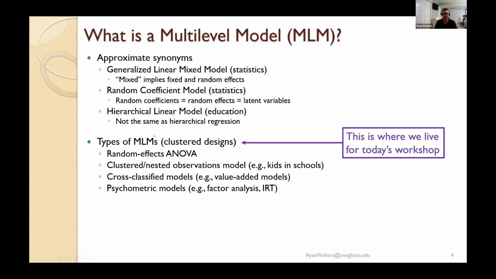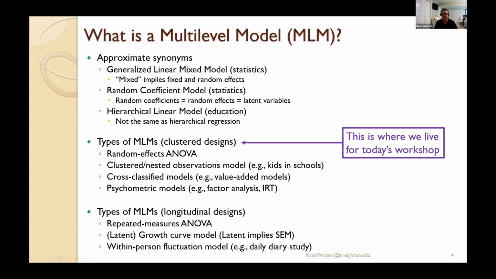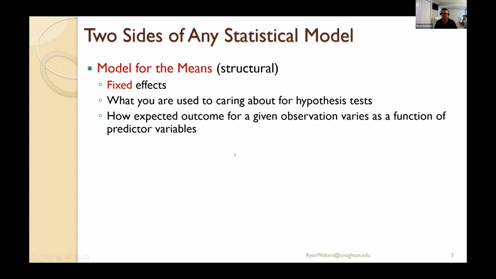There's really two different types of multi-level models. There's cluster designs and longitudinal designs. We're going to be talking about clustered data only here because that's the example that we have. There's an additional layer of complexity for those longitudinal designs that we're not going to have to cover here because we're not modeling time at all. So we're going to be working with clustered data.